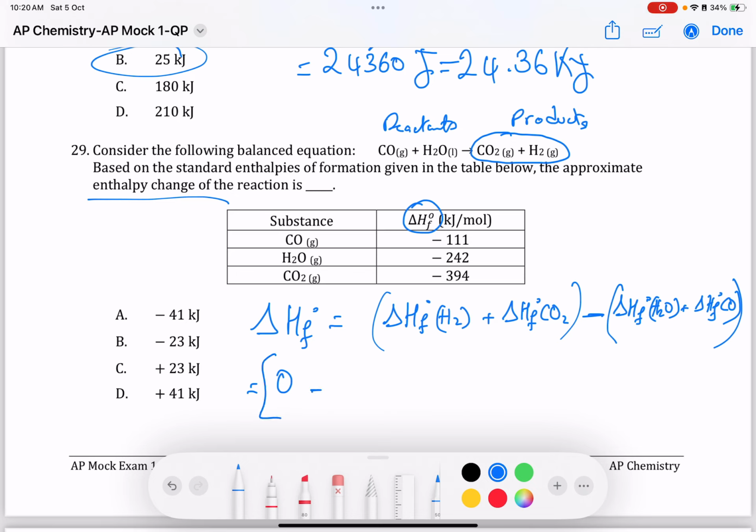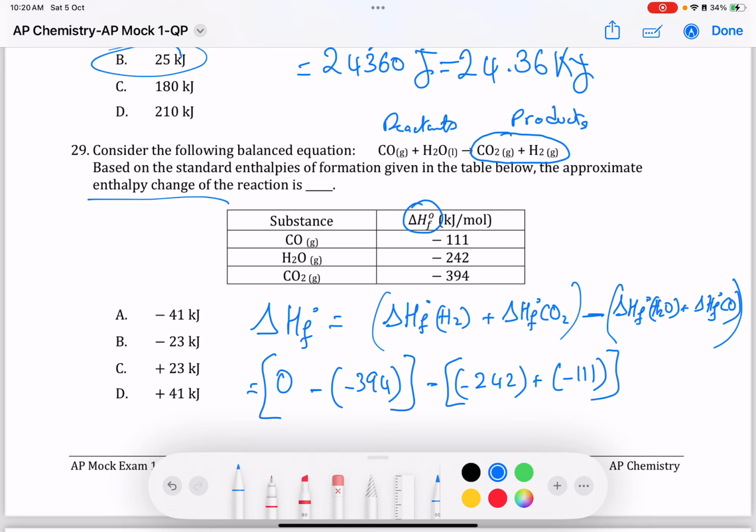Minus, the one of CO2 is negative 394, minus the one of H2O is negative 242, and the one of CO is negative 111.